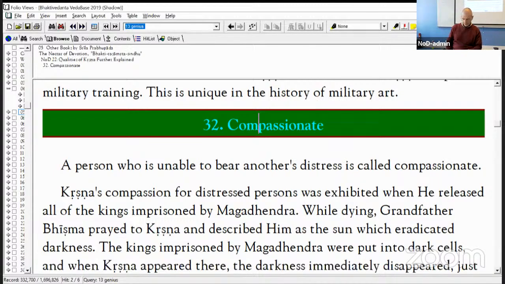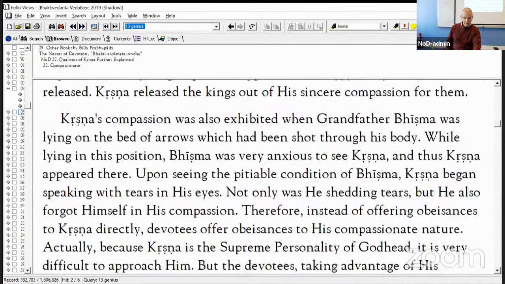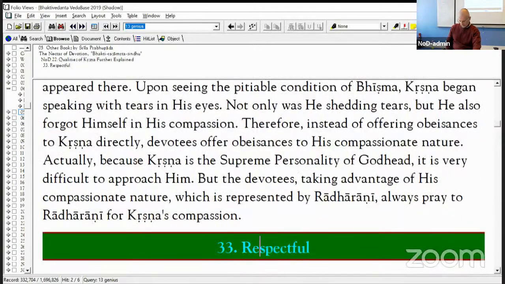So here we have the example of how Krishna went to save 20,800 kings imprisoned by Jarasandha, and how Krishna was crying to see Bhishma Dev, and coming to give glory to Bhishma Dev. But also here are a few beautiful lines from Srila Prabhupada to glorify Srimati Radharani.